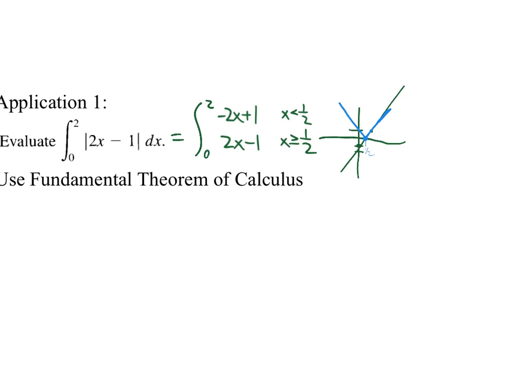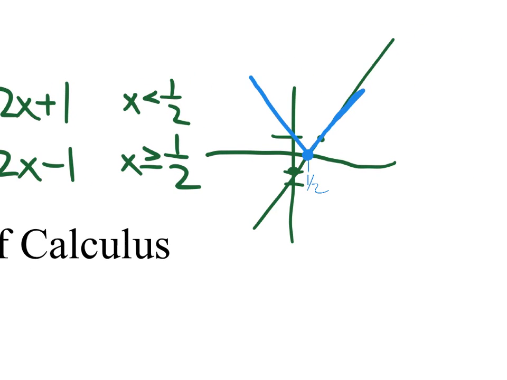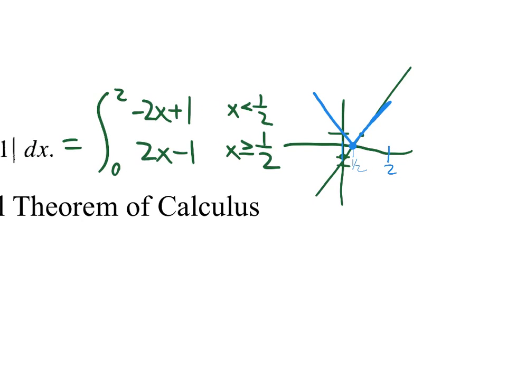So here, this is a case where we're going to need, well, how are we going to do this? If we got to go from a half over here to 2, or I'm sorry, we got to go from 0 over to 2, what are we going to do with the integrals? You do 2x minus 1. Add 2. What? From 0 to half and half to 2. There we go.